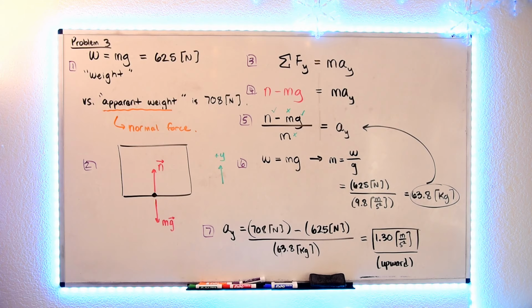But you know there is going to be acceleration in this problem because the sum of all forces do not add up to 0. You have the normal force upward, and you have the weight downward. Given that you know the normal force is the apparent weight in this problem of 708, and you know the weight downwards is 625, you know they're not going to cancel out.